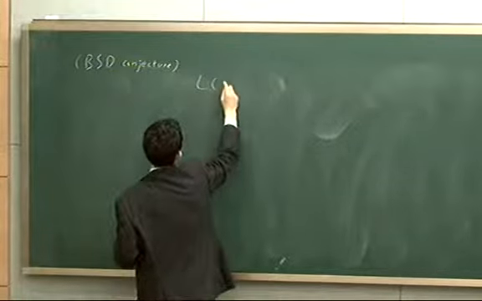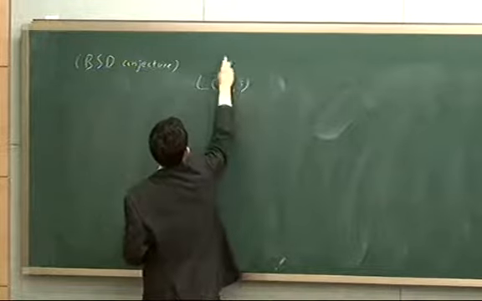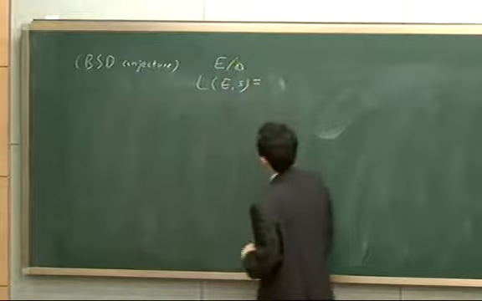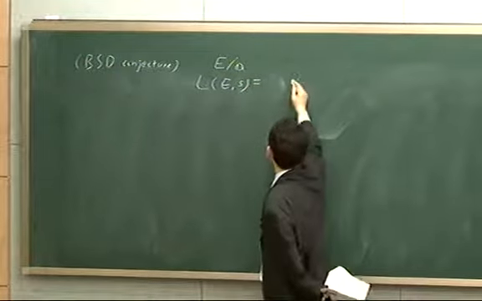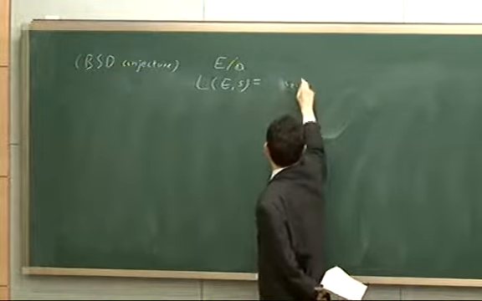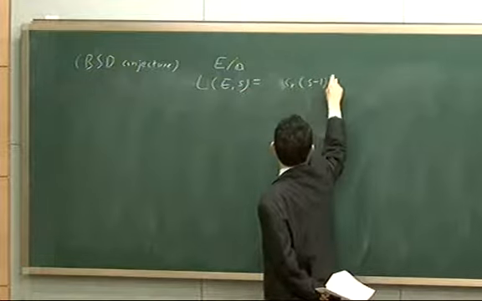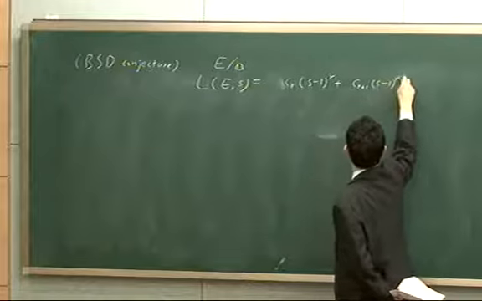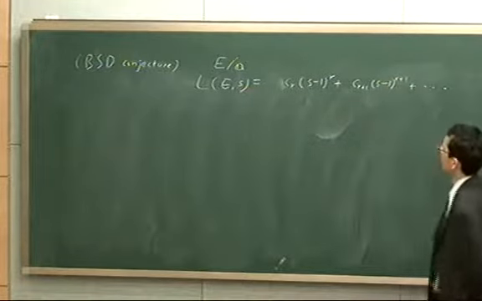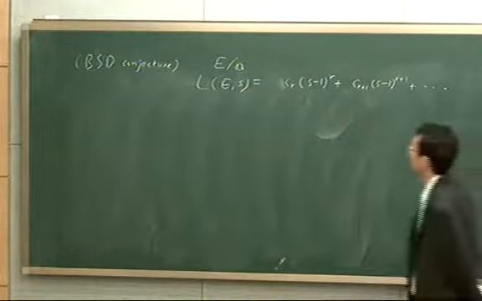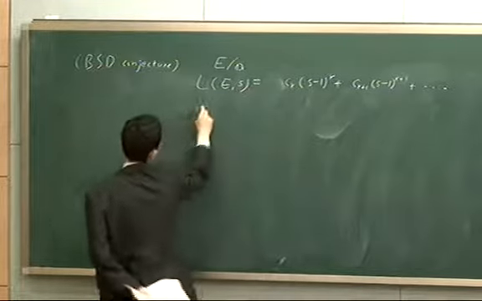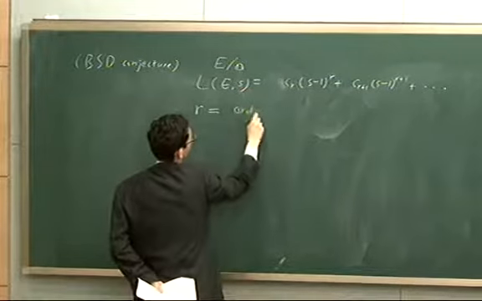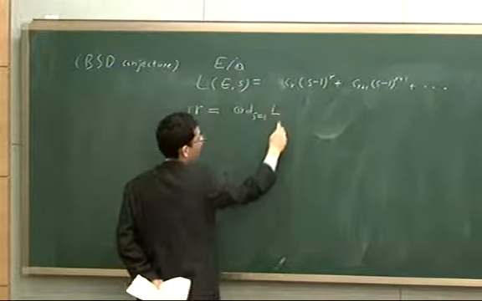Now, the elliptic curve is defined over Q. If we expand the L-function along s equal to 1, then we can expand in this way. Here r is equal to the order of the L-function at s equal to 1.